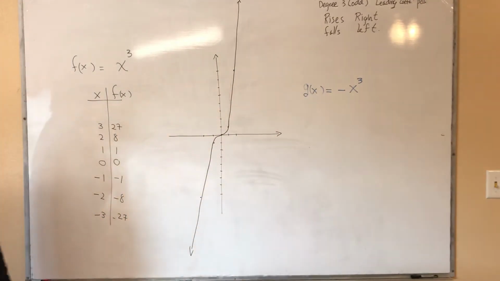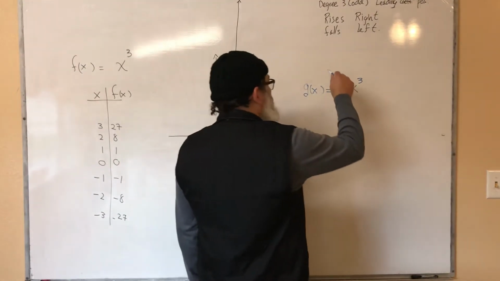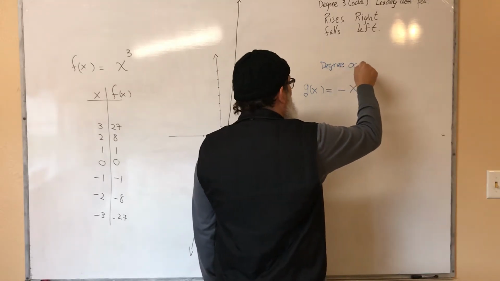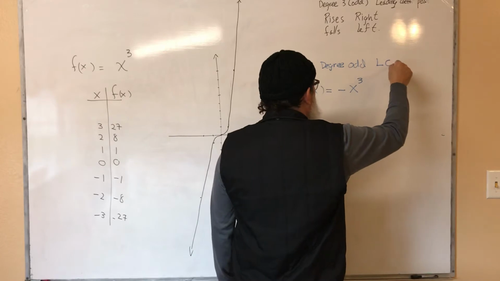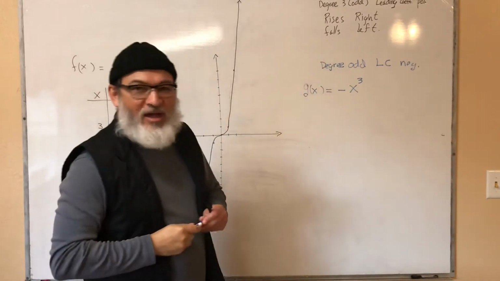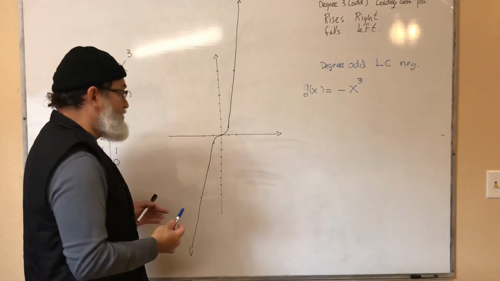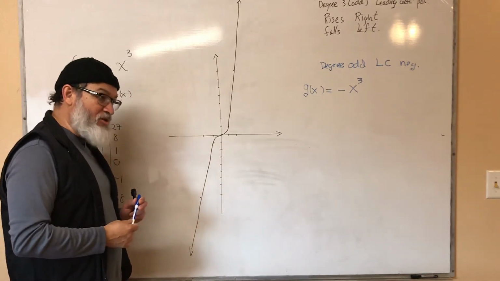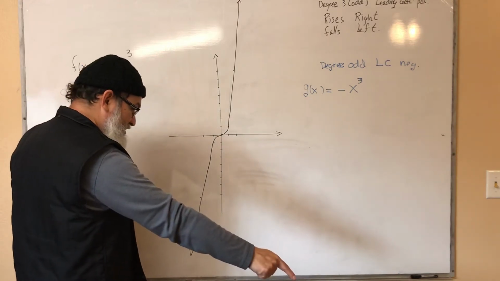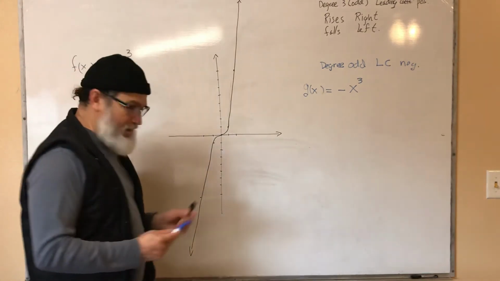What do you think the behavior is going to be? You can make a table. Note, degree is odd, leading coefficient negative. What do you think the end behavior is going to be? Well, the end behavior is going to be the following. It's going to fall to the right, and it's going to rise to the left. And if you don't believe me, let's make a table.